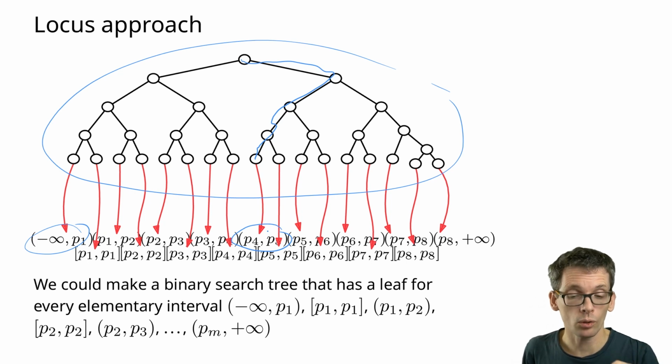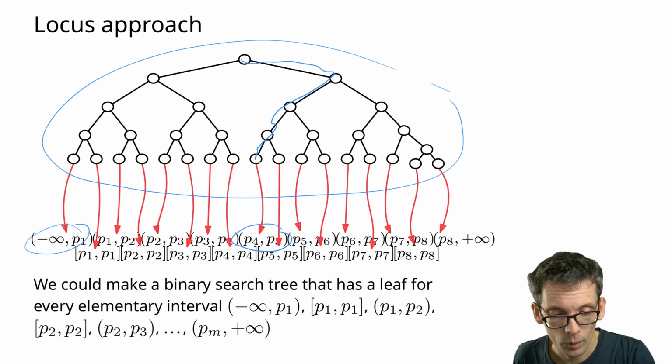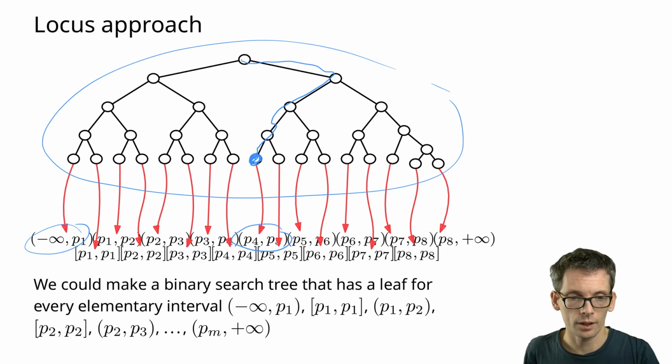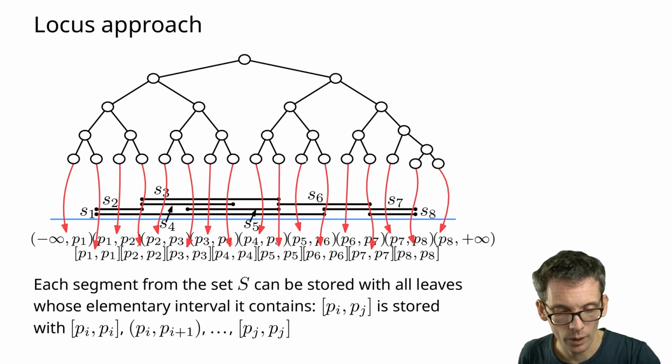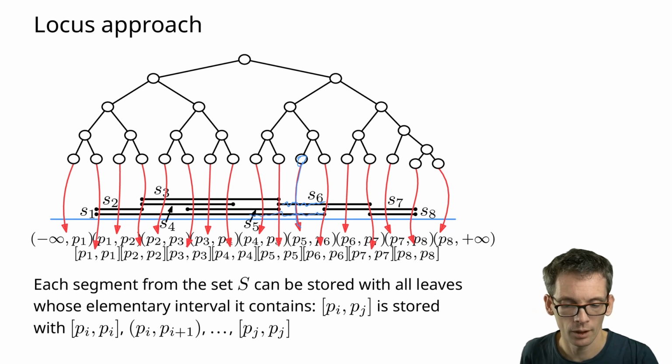If I now store with this leaf here all intervals intersected, so with every leaf, say this one, I'm going to store this interval and that interval, then I can very easily answer my queries.